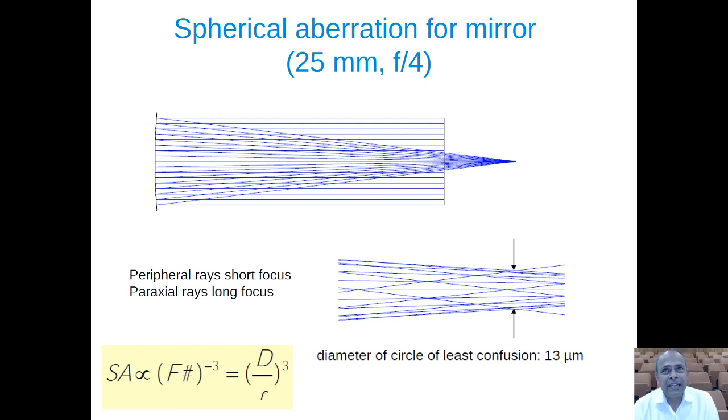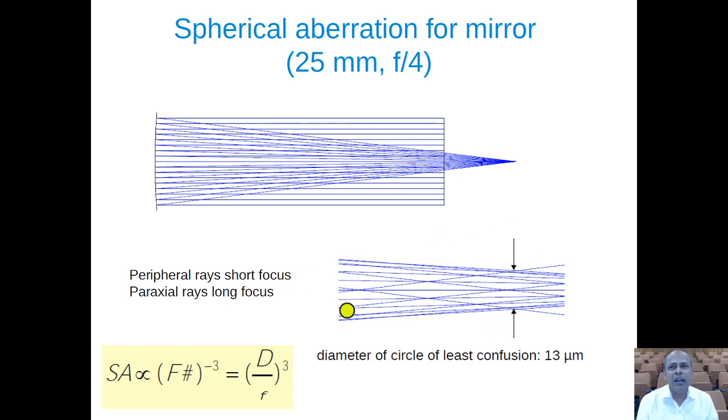Now this is another aberration. This is spherical aberration. These are all monochromatic aberrations. For a mirror, this arises because the peripheral rays sitting at the periphery have a short focus, and the paraxial rays have a long focus.